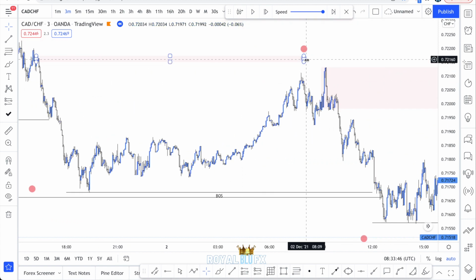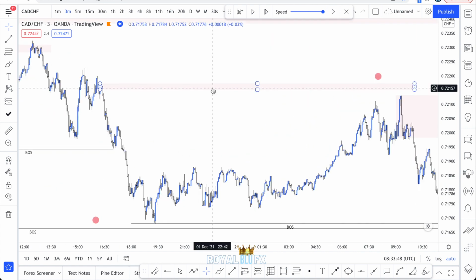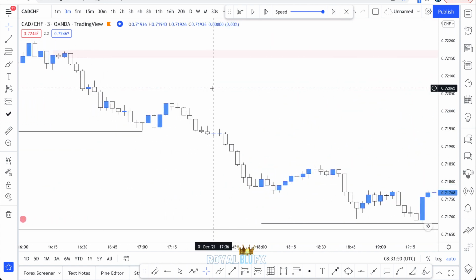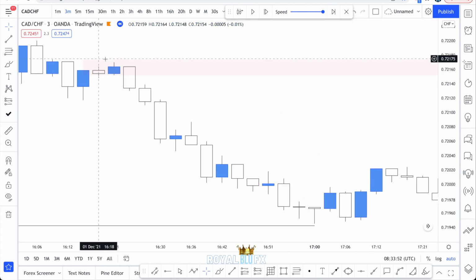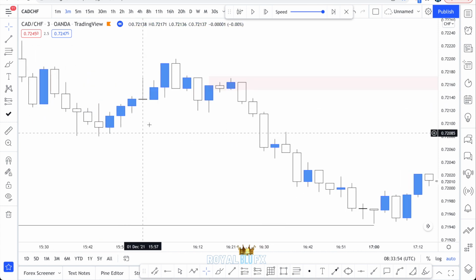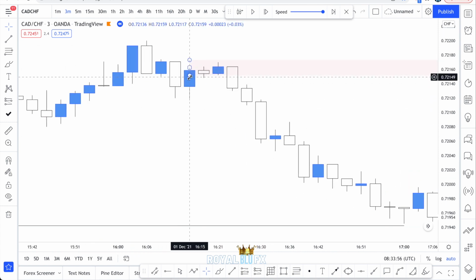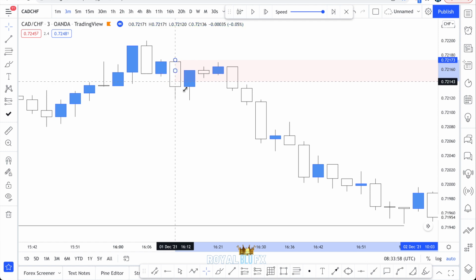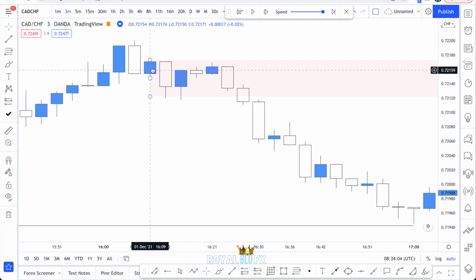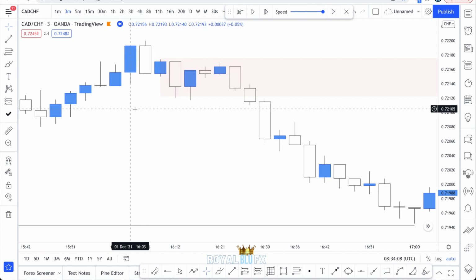And as you can see, price didn't mitigate just yet. Let me see if we're correct on this one. Okay, from this range to this range, we had an area of... Oh, I see it right here. Okay, so we can argue that this is our last high here.